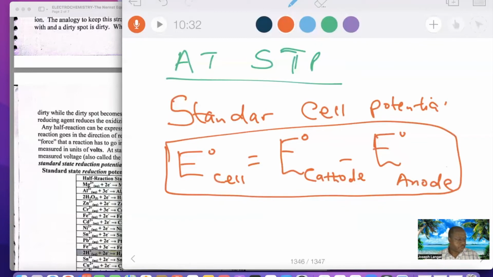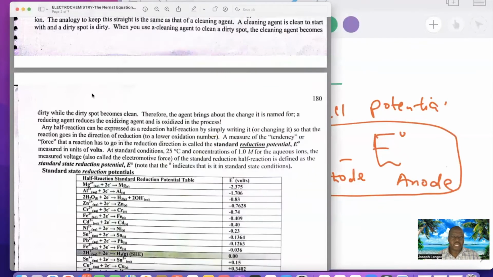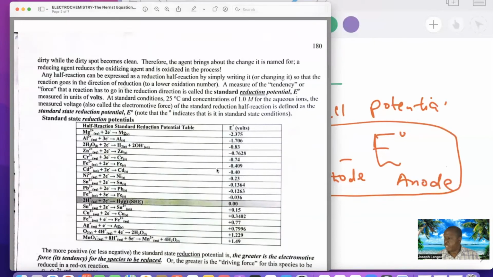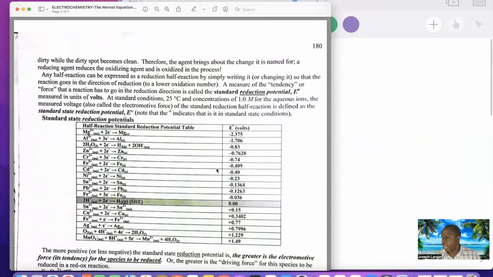Now, as far as the data sheet is concerned, I'm going to show you the Nernst equation at non-standard state.